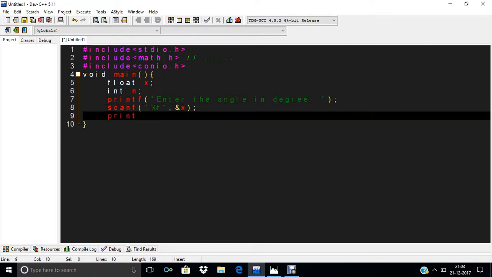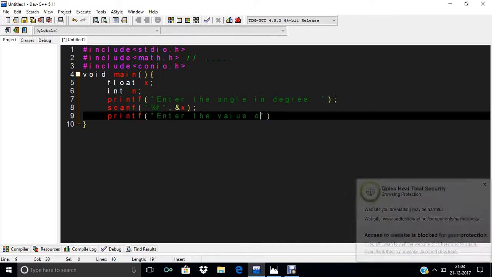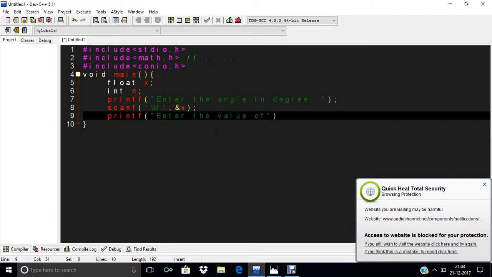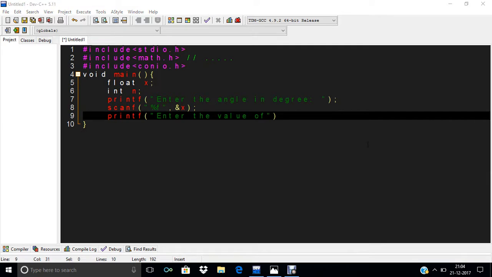Now printf, enter the value of power, or we'll say just n in our case.